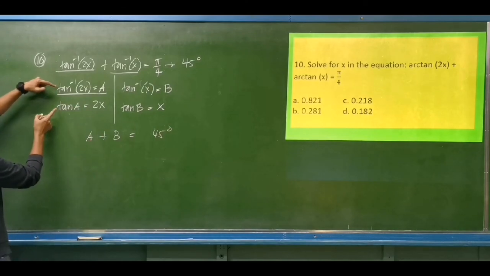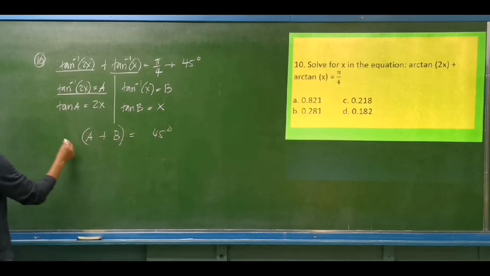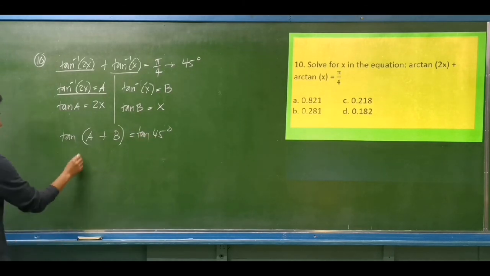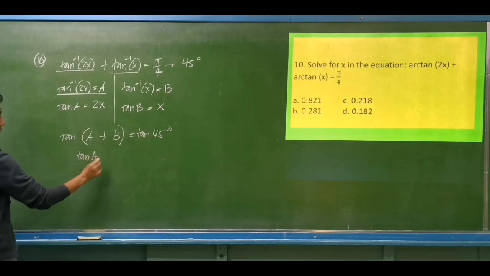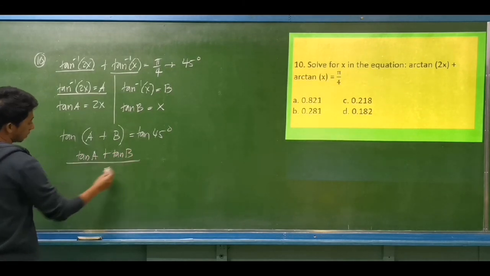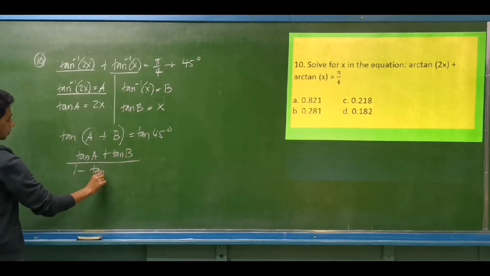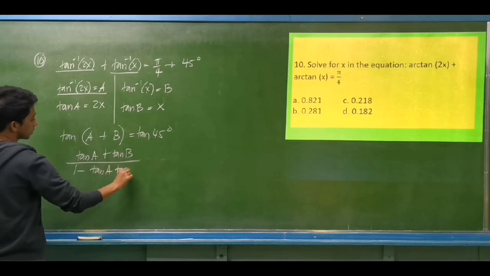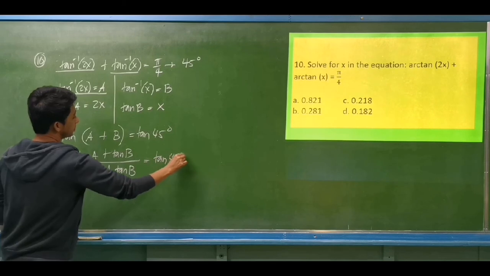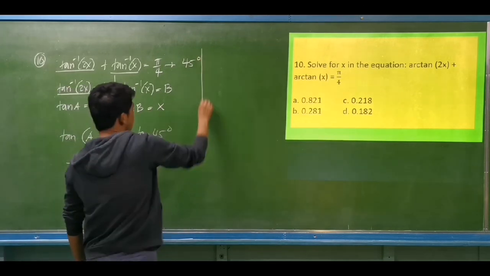Since tangent ulit yung ginamit na function, kunin natin yung tangent of both sides. So, this is the same as tangent A plus tangent of B, this is divided by 1 minus tangent of A times tangent of B, is equal to tangent of 45 degrees. Then, mag-substitute lang tayo.